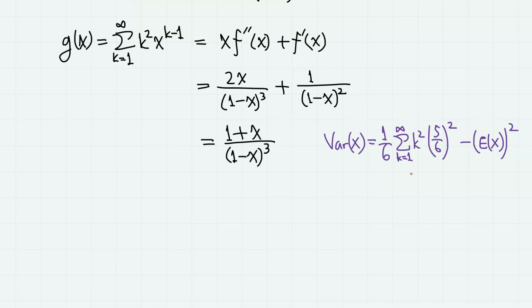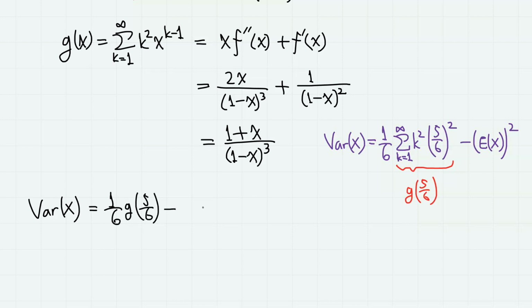And from our expression for variance, this part is g(5/6). Therefore, variance of X is given as 1/6 g(5/6) minus expected value squared, so 6 squared.